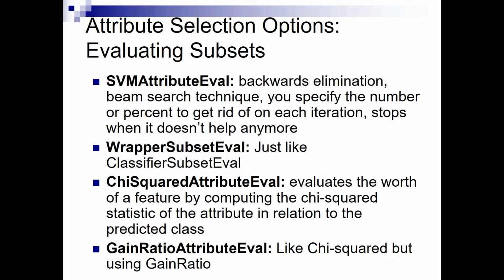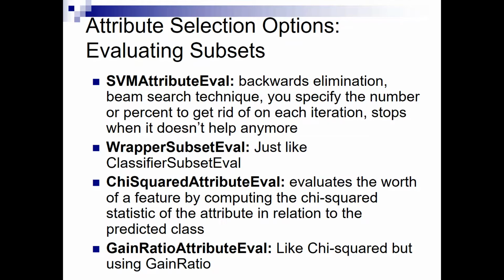And okay, so all the ones we've talked about so far were for subsets of features. And now we have some that are for filter methods. So chi-squared attribute eval is the one that we have used in the past, and it evaluates the worth of each feature by computing the chi-squared statistic, which, as I said, is very much related to the correlation between a feature and the class value.